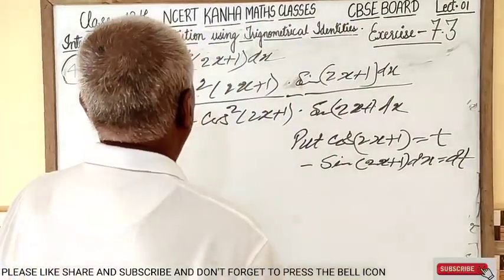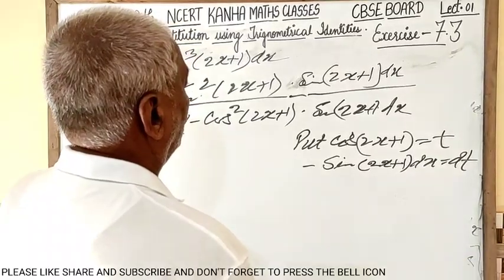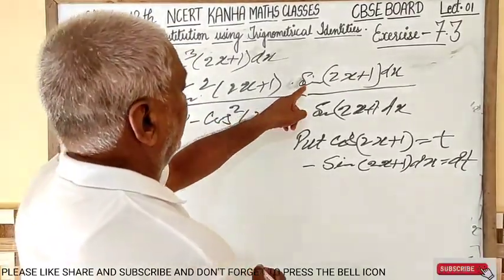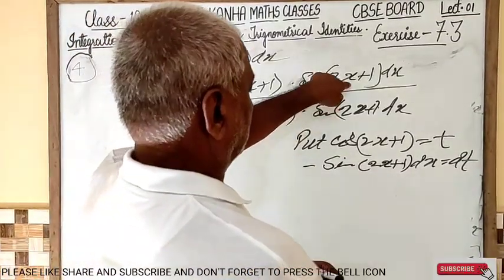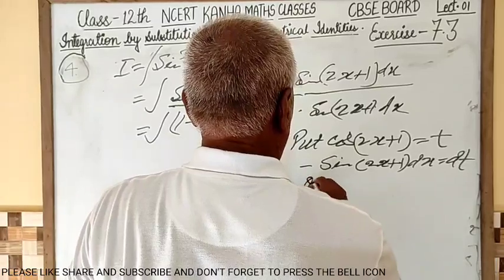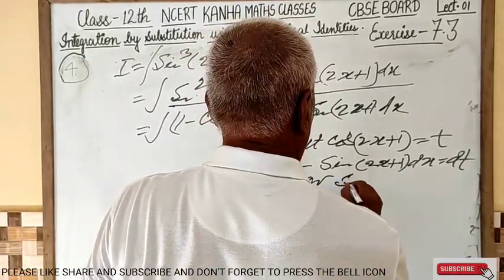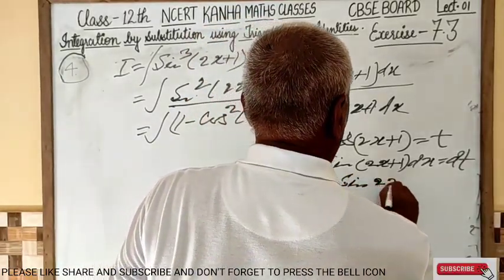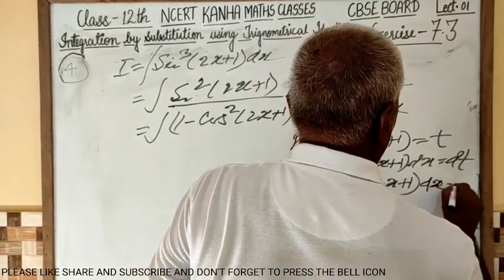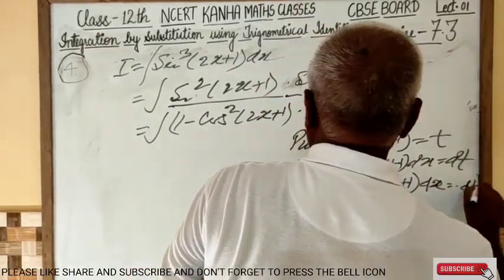Now if we observe the numerator, we have sin(2x plus 1) dx, which we may write as minus dt.